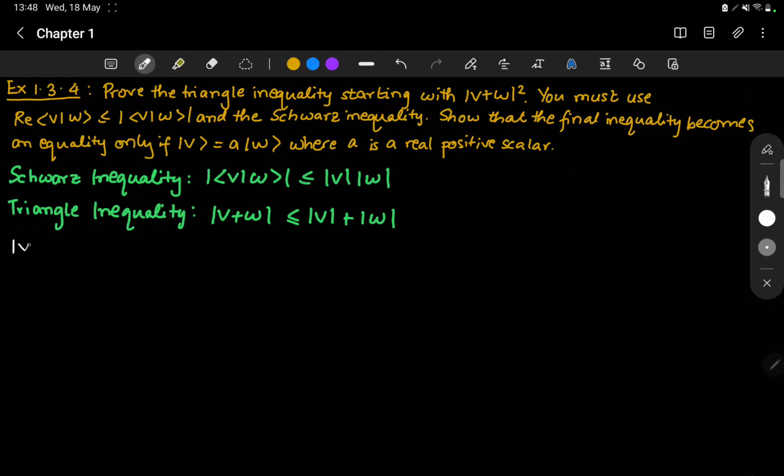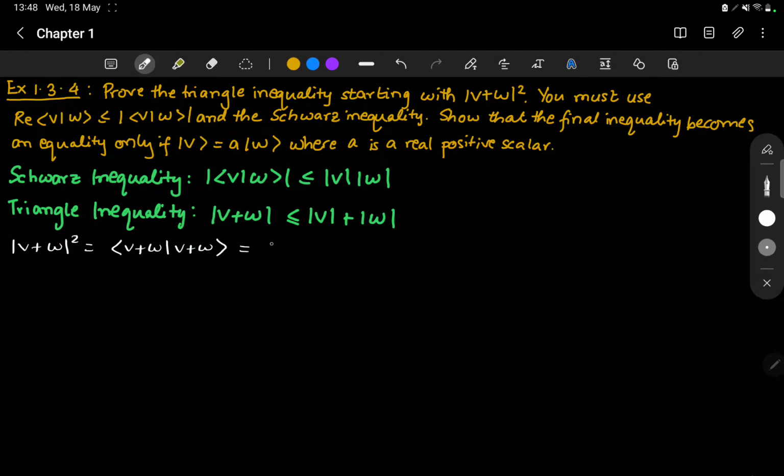So we start with this v plus w mod squared. Now by definition of the inner product, this is nothing but the inner product of v plus w with itself. Now we can open this up.